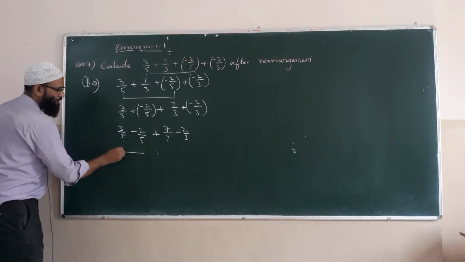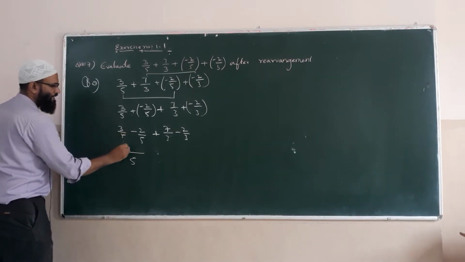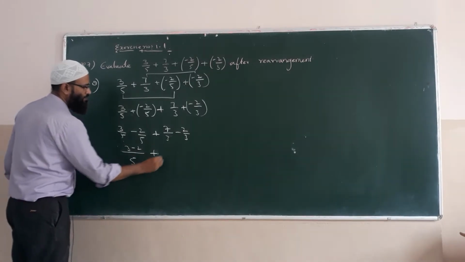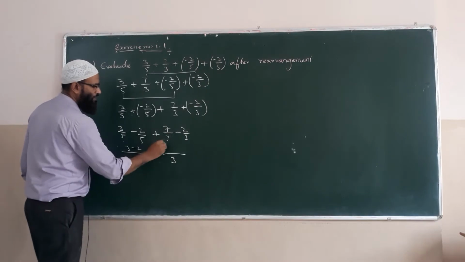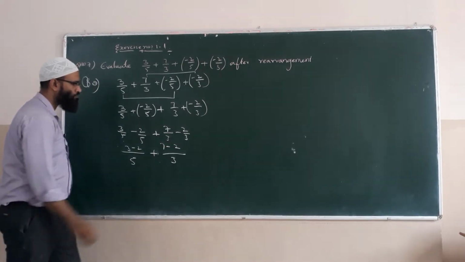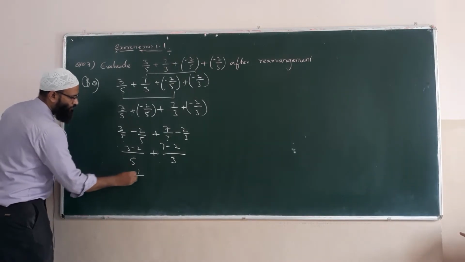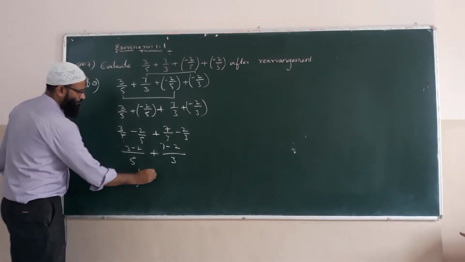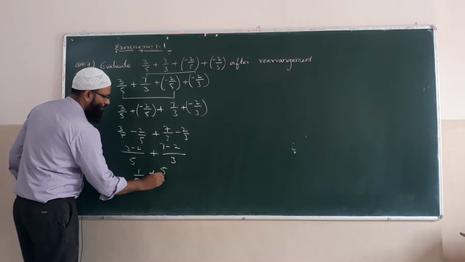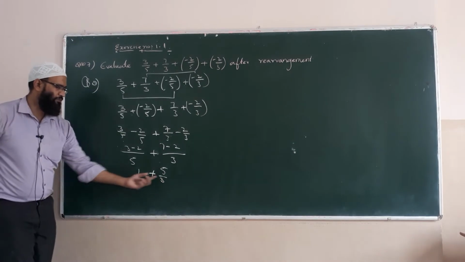Now take the denominator common. 3 minus 2 over 5, plus 7 minus 2 over 3. How much is it? 3 minus 2 is 1, so 1 by 5 plus 5 by 3. Now take the LCM of these two.